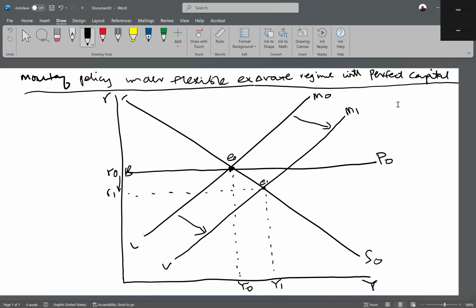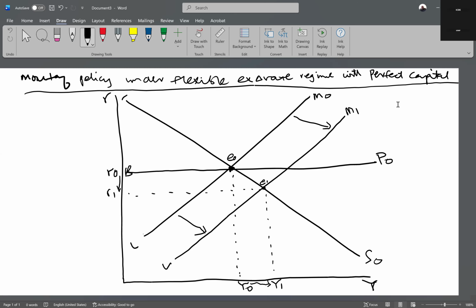So it will lead to what? The IS curve shifting to the right. You have a balance of payment deficit, so the cedi depreciates in value.